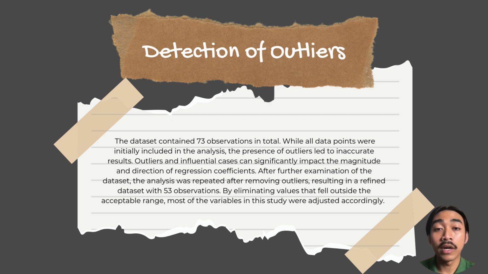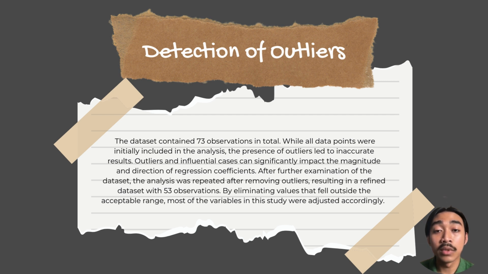For detection of outliers, the dataset contained 73 observations in total. While all data points were initially included in the analysis, the presence of outliers led to inaccurate results. Outliers and influential cases can significantly impact the magnitude and direction of regression coefficients.